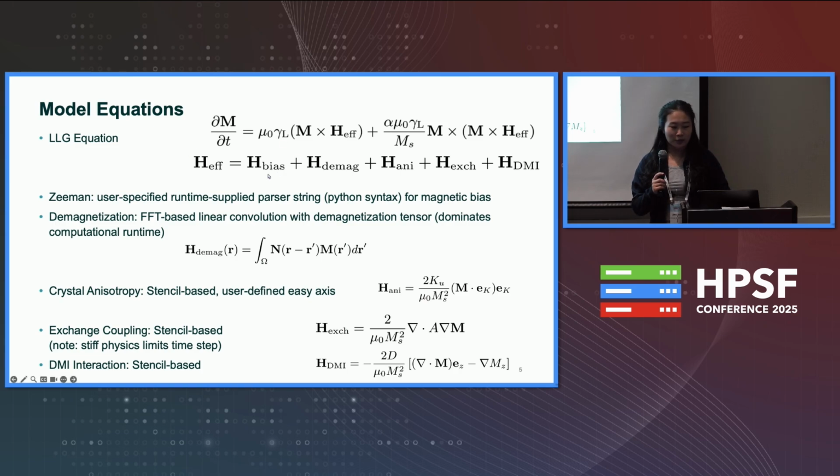So with the H bias, we have the Zeeman coupling, and it is nothing more than just a known bias field that is defined by the user. The demagnetization field, on the other hand, is the worst of the bad players in H effective. It's basically a Green's function if we look at it in this way, but really it's a solution of the open boundary Poisson equation.